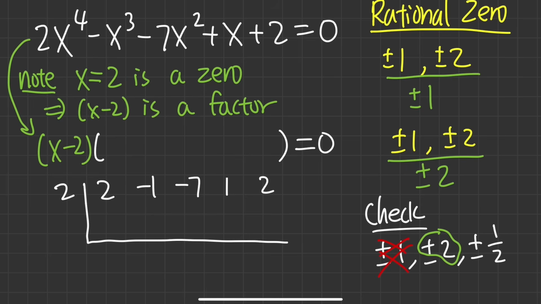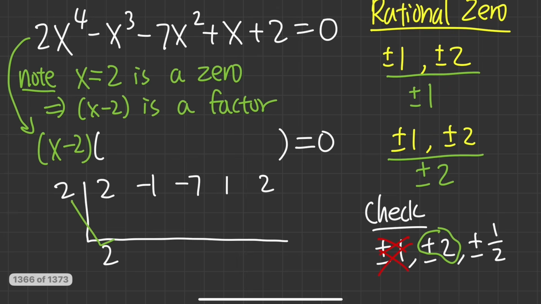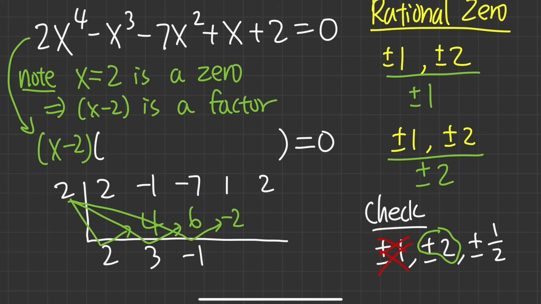Here we will bring down the 2, and then 2 times 2 is 4. Negative 1 plus 4 is 3. And then 2 times 3 is 6. Negative 7 plus 6 is negative 1. And then 2 times negative 1 is negative 2. 1 plus negative 2 is negative 1. And then this times this is negative 2. So the remainder is 0.